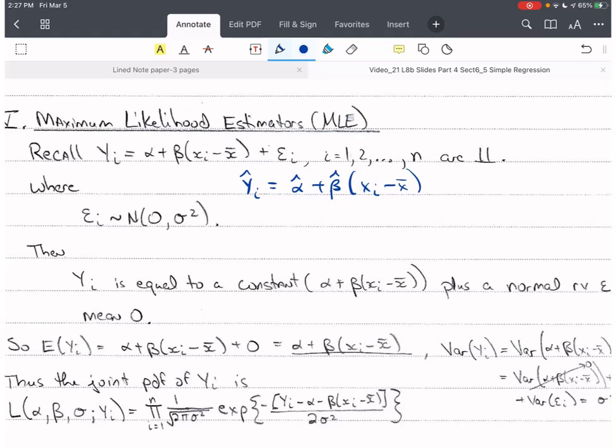All right. Now, we have this model and we say that these are independent, right? So the yi's are all independent. So that's a very important assumption. And the epsilon i's are normally distributed with a mean of 0 and a variance of sigma squared.